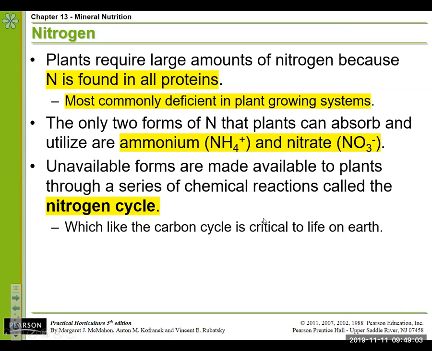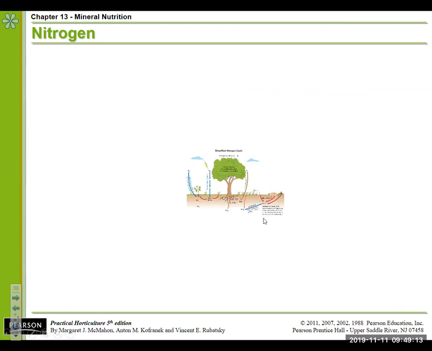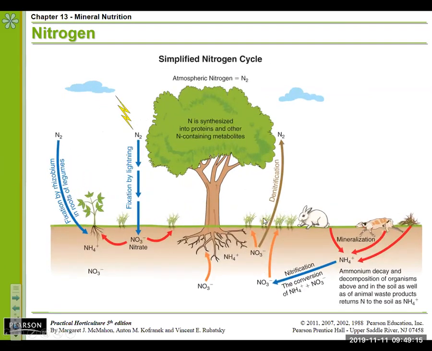The unavailable forms that exist are made available to plants through the nitrogen cycle, which is akin to the carbon cycle and critical to life on Earth. So if we think back, we were talking about how nitrogen is actually the largest component of air. We have lots of nitrogen floating around, and there are different ways that it is fixed and brought into the soil.